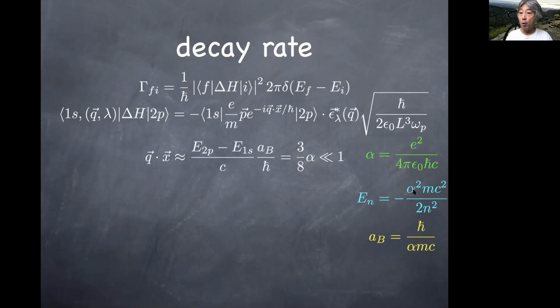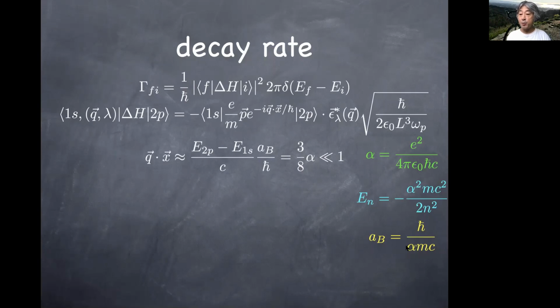When alpha is small, then the Coulomb attraction is small, so the binding energy is also small. So it makes sense that it goes like alpha squared. In the same way, when alpha is small, then the binding is weak, so the radius of the bound state will be large. So it indeed goes like 1 over alpha.